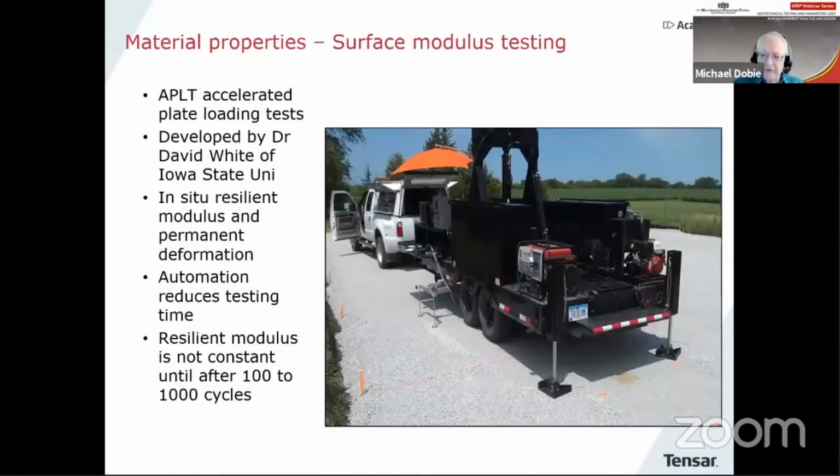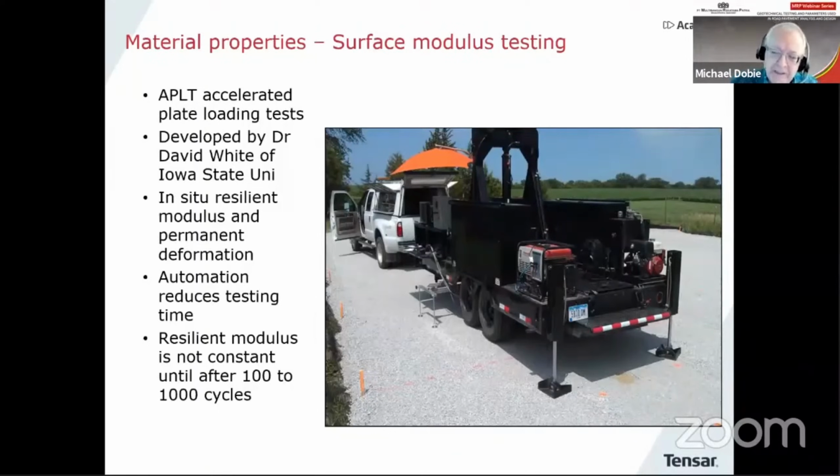Last part of this story, just a few more slides to go, is about still surface modulus testing, but now it's about cyclic testing. And this is using this incredible piece of equipment, which is called an APLT, Accelerated Plate Loading Test, developed by a gentleman in the USA. Now, that piece of equipment is pretty sophisticated, and I don't believe there are any sets of it outside the USA.